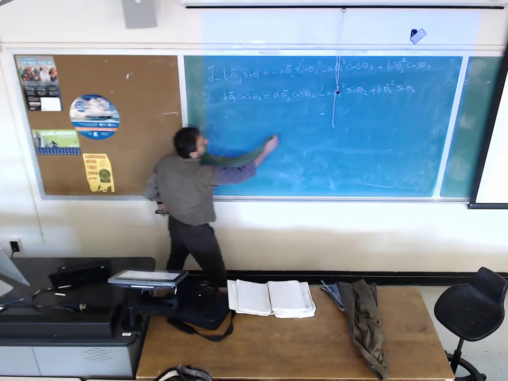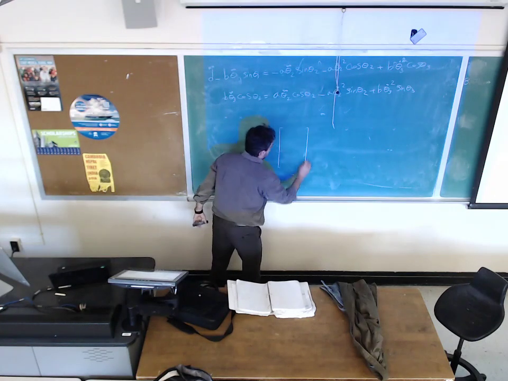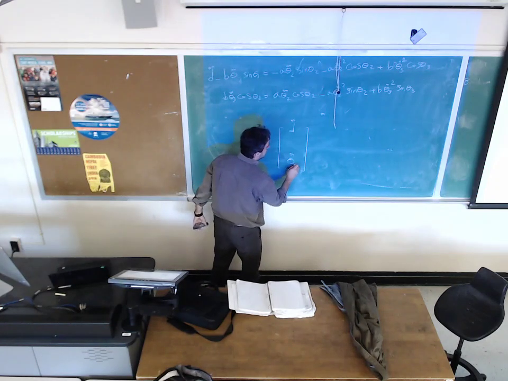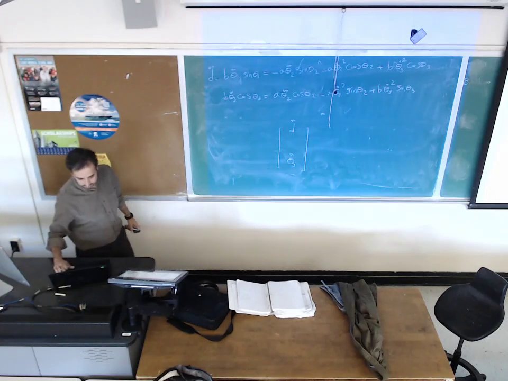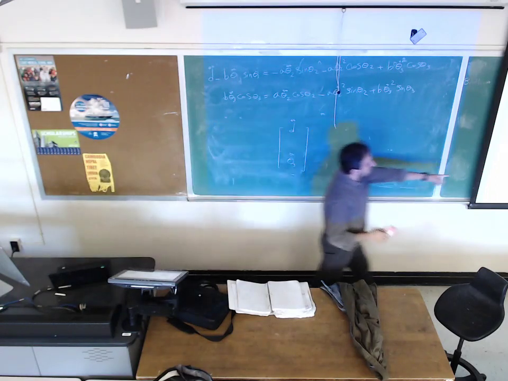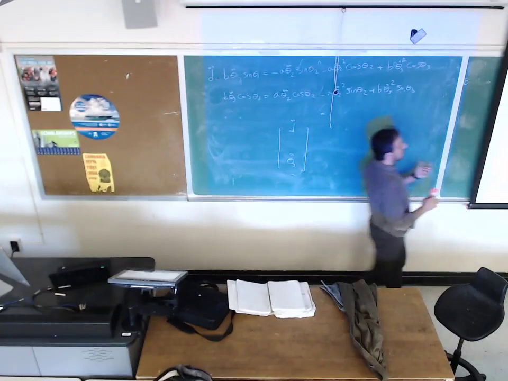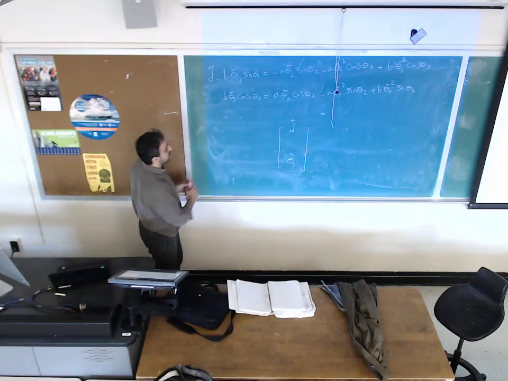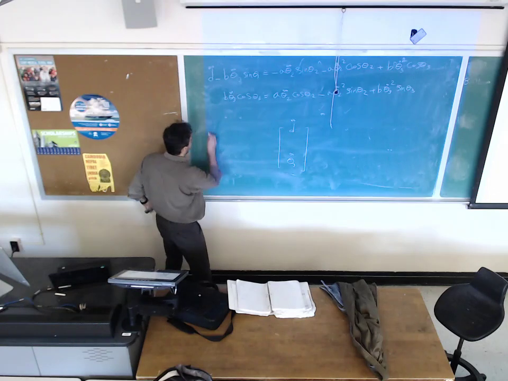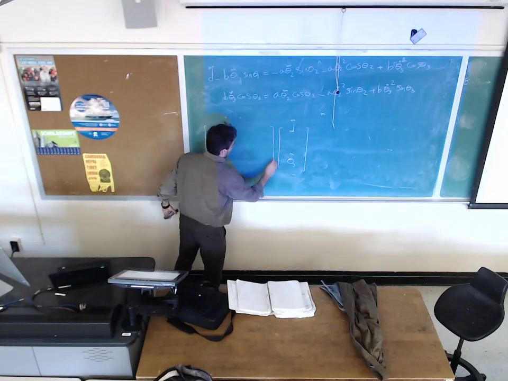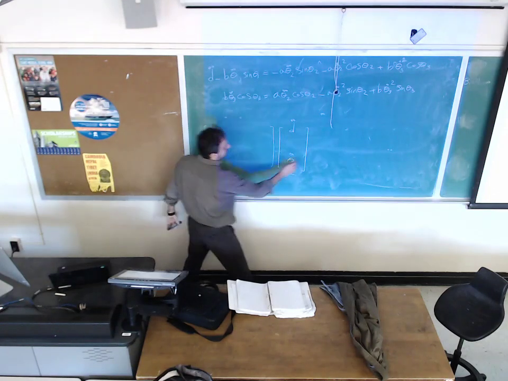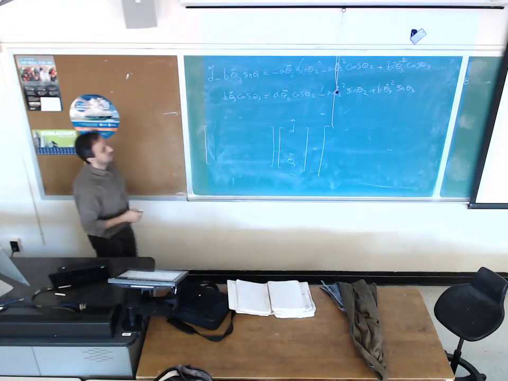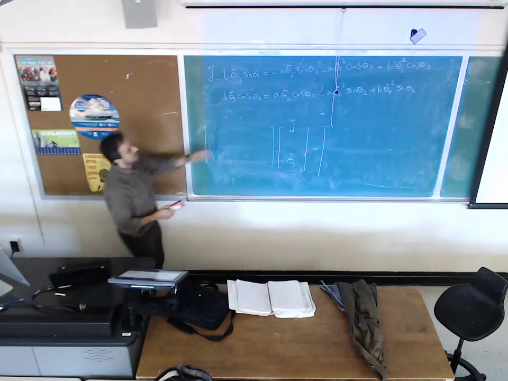The unknowns are d double dot and theta double dot 3. Angular acceleration of link 3 and acceleration of the slider. Here I'm going to have a 2 by 2 matrix, and on the right side I'm going to have the constant part.